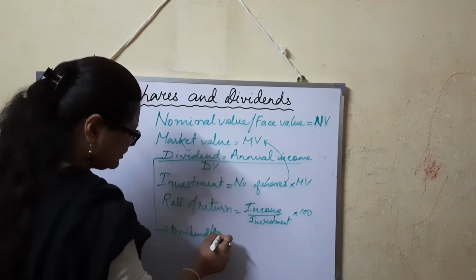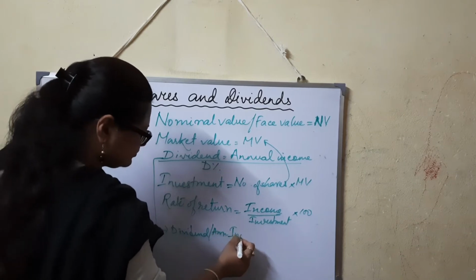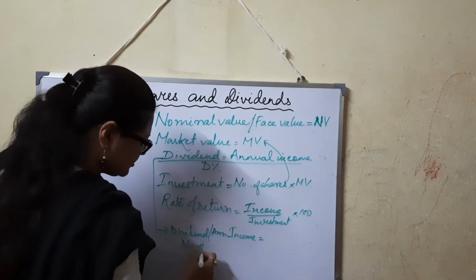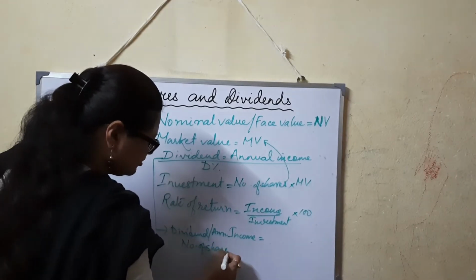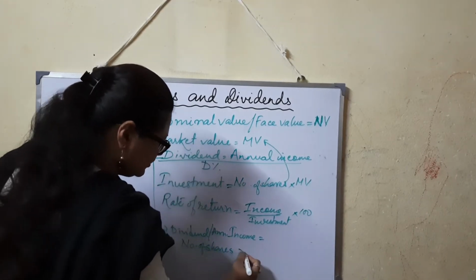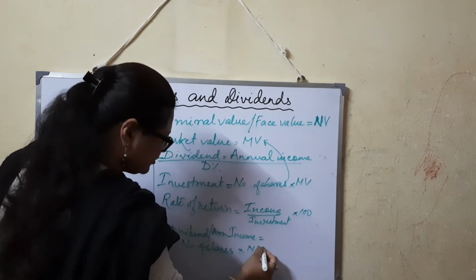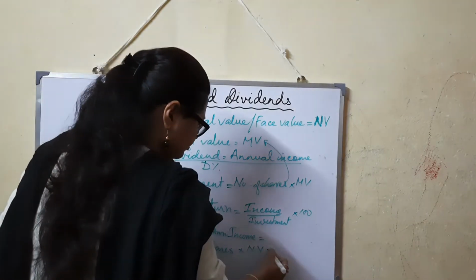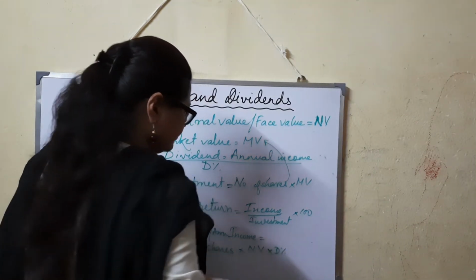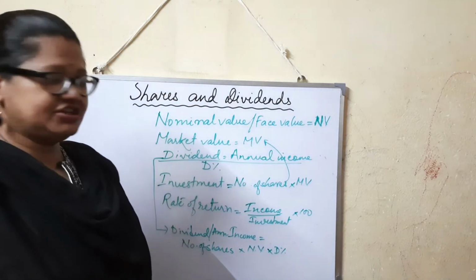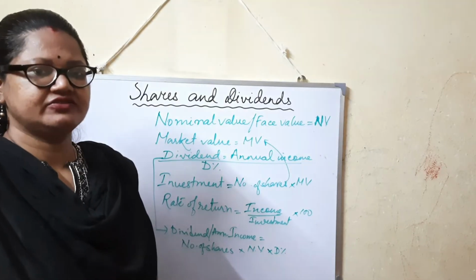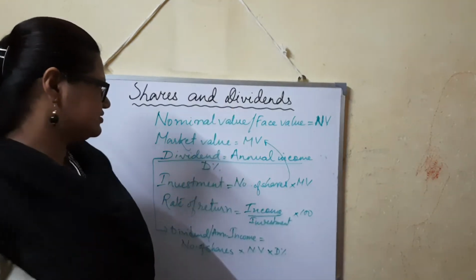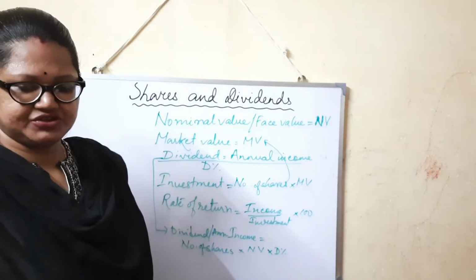Dividend or annual income is equal to number of shares bought by a particular person, an individual or an institute, into nominal value of each share into the rate of dividend which is stated by the company, at which the dividend is paid by the company to everybody. So these are all the terms that we will come across while doing this exercise.